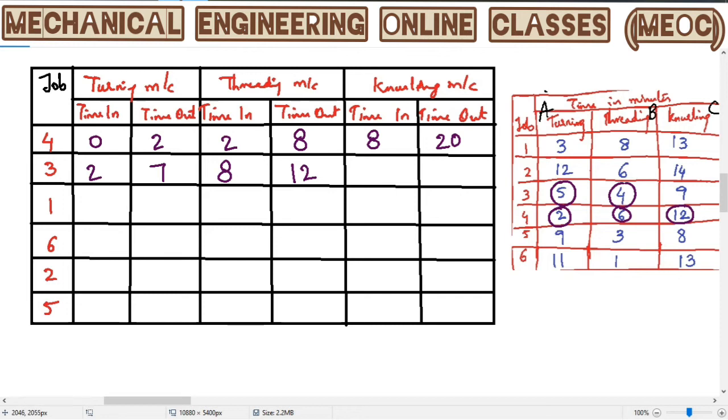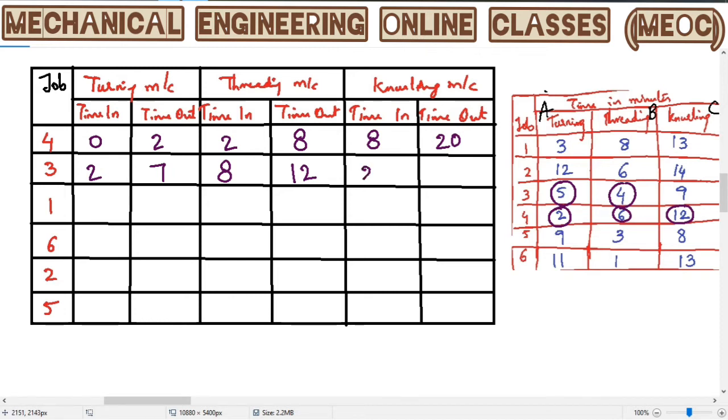Now by 12 minutes job 3 has already completed its turning operation and threading operation. Now it should go to the knurling operation, but the knurling machine, from minute 8 to 20, is busy with job 4, right? From the 8th minute to the 20th minute it is busy with job 4. So only after this 20 minutes is done for job 4, job 3 can be taken onto the knurling machine.